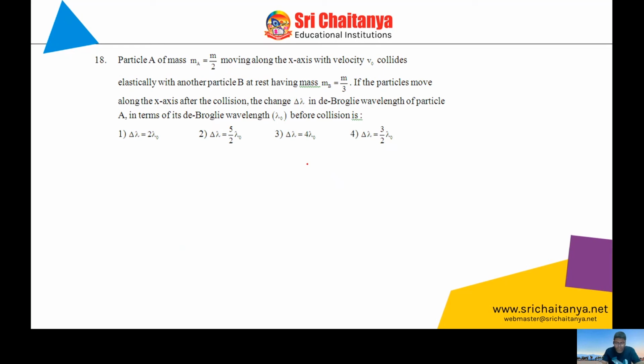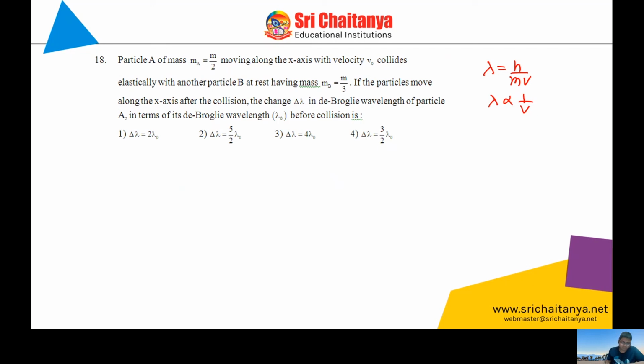So as we understand, lambda is equal to h by mv, so lambda is inversely proportional to v for a given object. So we just need to find out how the velocity will change after the collision. From that we can find out how lambda will change, and we can find the change in de Broglie wavelength.